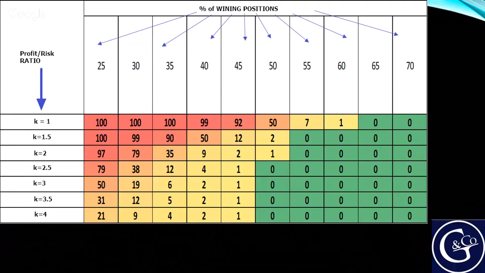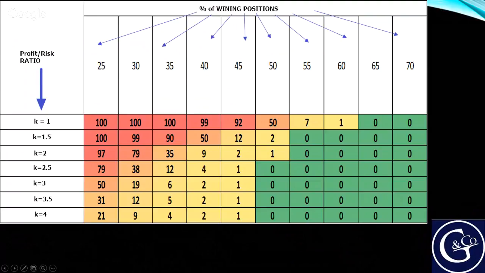This picture is very clear, very understandable, and you can see what variety of numbers and what results you can achieve. Visually, it's a good example of the dependence of two indicators: percent of winning trades and profit risk ratio.